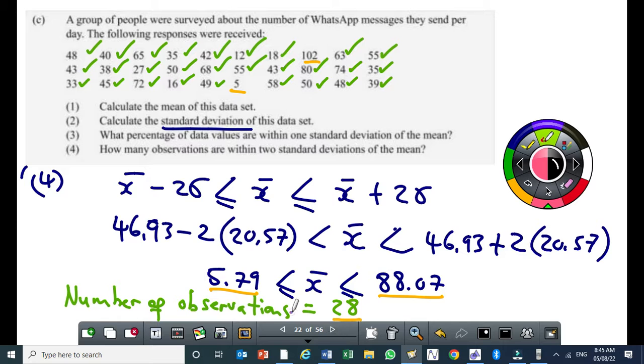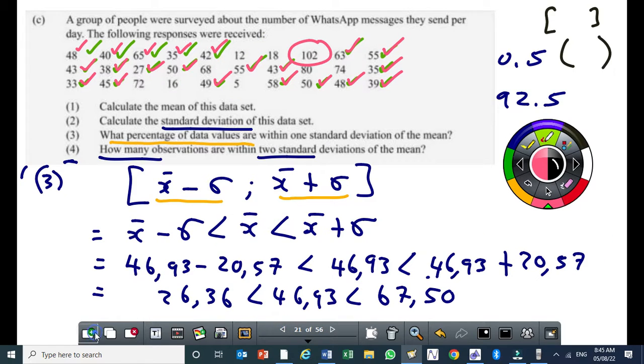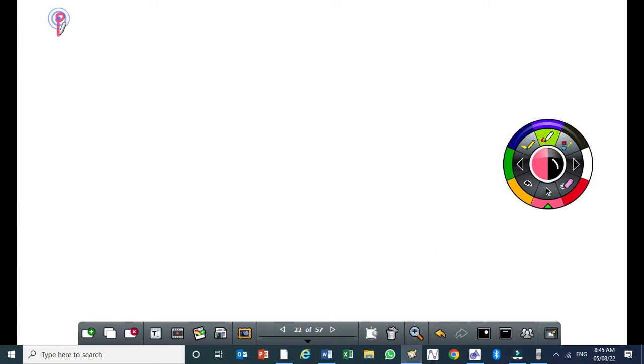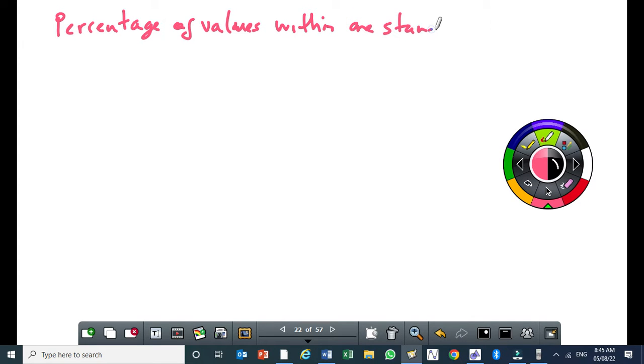So what you do now is divide. So the percentage of values within one standard deviation will be equal to 21.